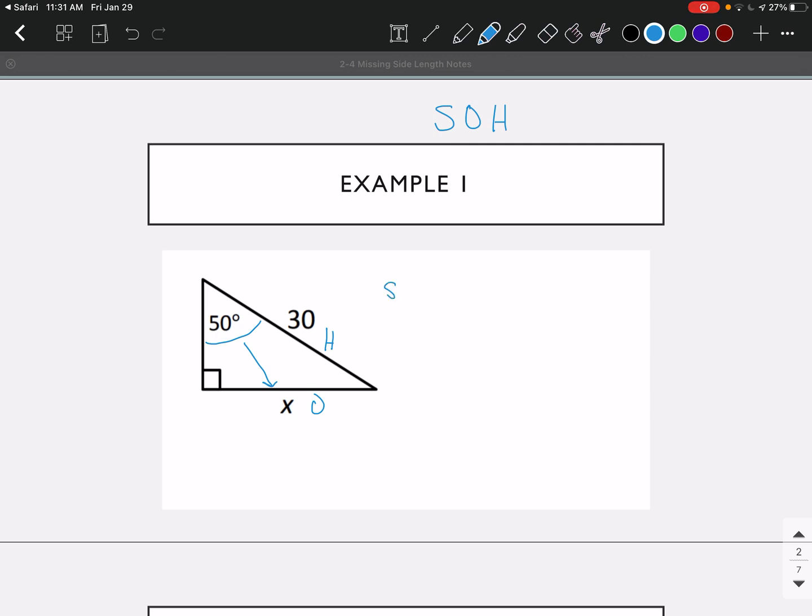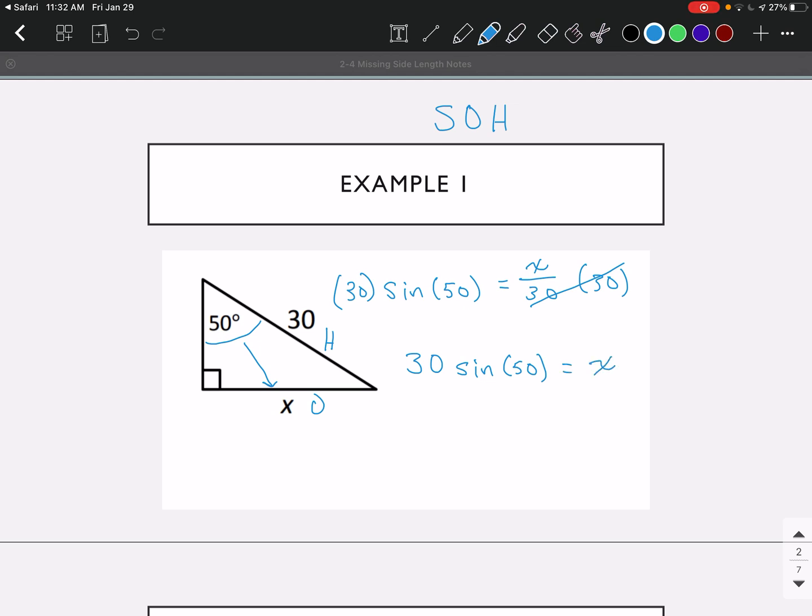So I will have sine 50 degrees equals x over 30, and I need to solve for x. If I multiply by 30 on both sides, the 30 cancels, so I have 30 sine 50 equals x.